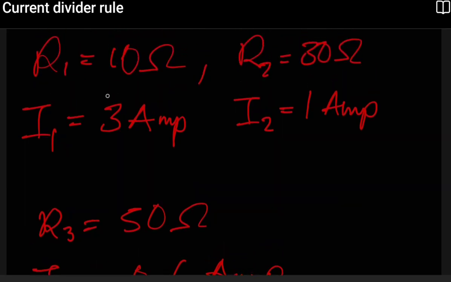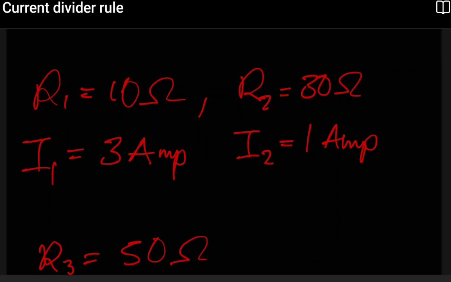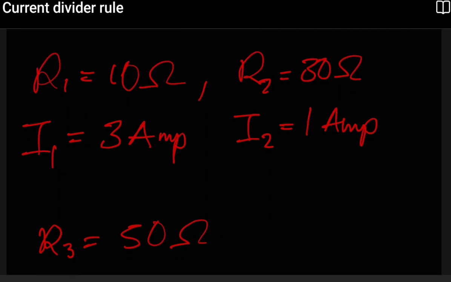The current that passes through a resistor depends on the resistance. If you have resistors that are in parallel, current tends to take the route that is easiest to pass. Resistance is the measure of difficulty in a route or in a line. So the larger the resistance, the more difficult it will be for current to pass in that line.